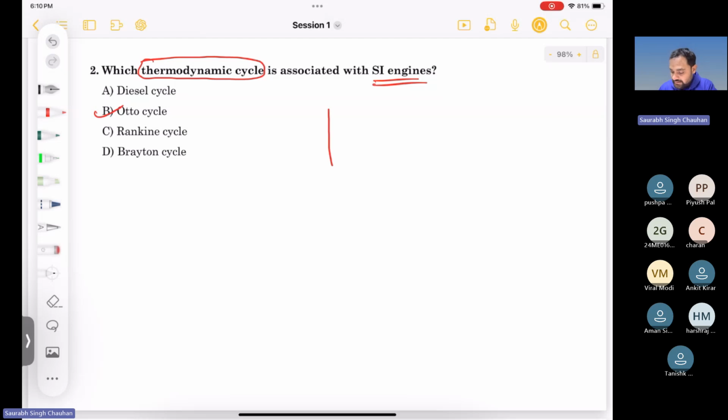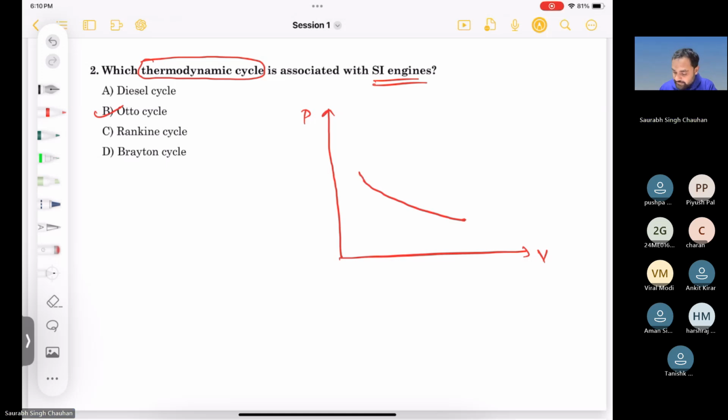So how does this Otto cycle look on a PV diagram? First of all, there will be an isentropic compression, right? Then there will be a constant volume heat addition process, then there will be isentropic expansion or the power stroke, and then there will be exhaust, right?